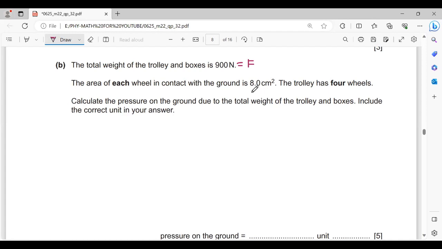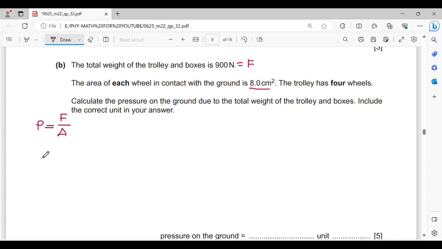Okay, so this is the area of each wheel, and the formula for this problem is pressure equals force over total area.